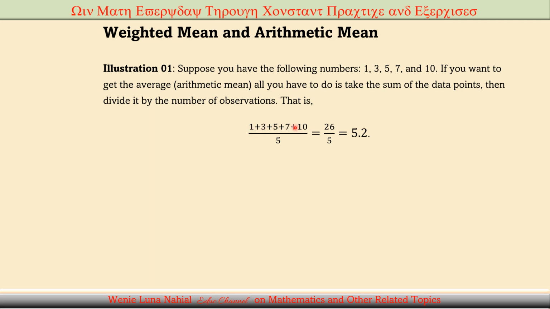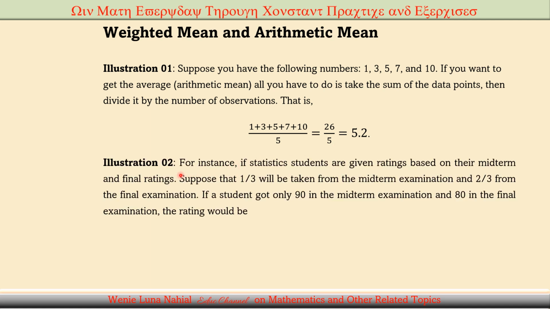The sum of the observations is 26. Divided by 5, we get 5.2. So, this is the average or the arithmetic mean. Again, each of the observations has contributed to the average.